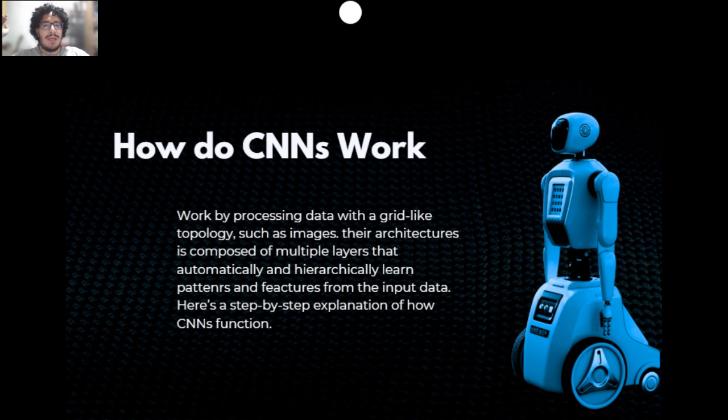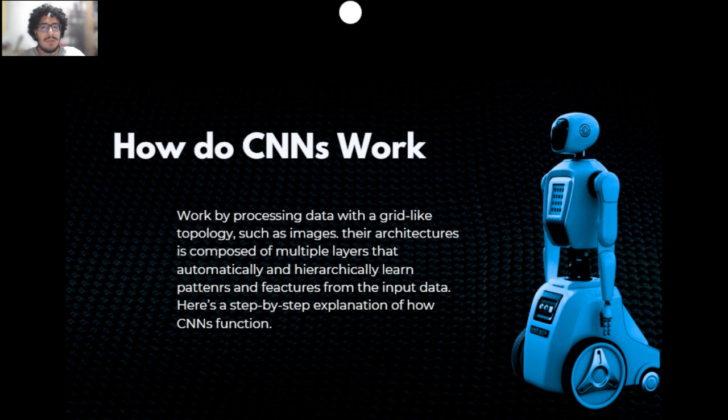Their architecture is composed of multiple layers, and each layer plays a key role. These layers allow the network to automatically and hierarchically learn patterns and features from the input data.